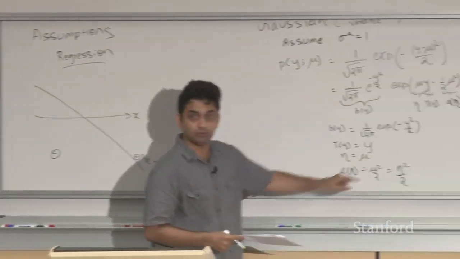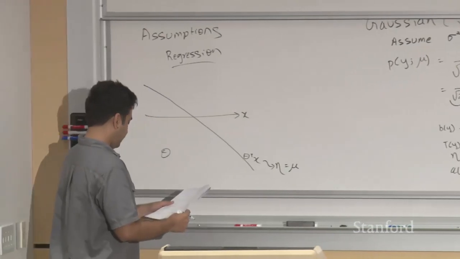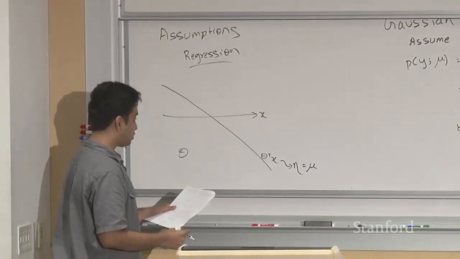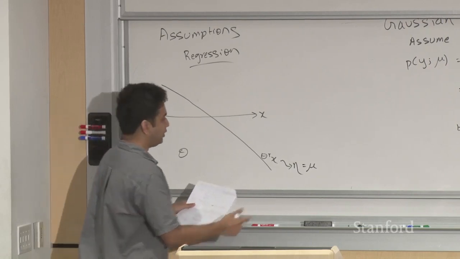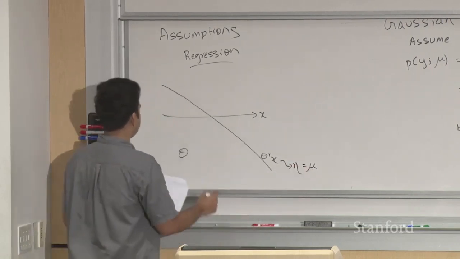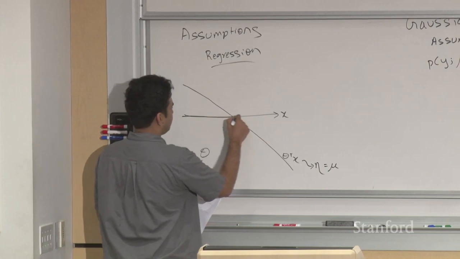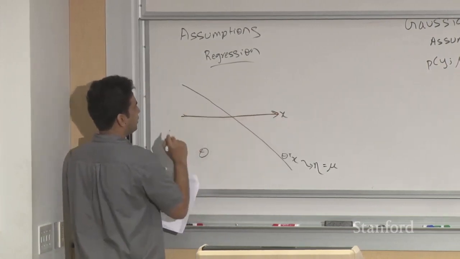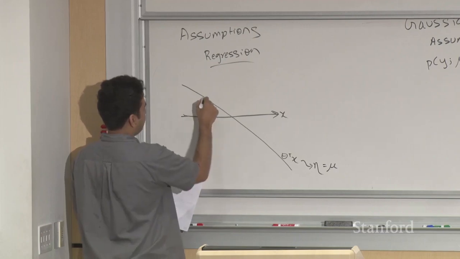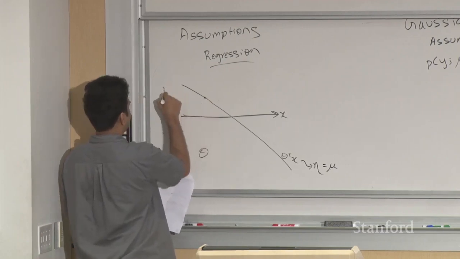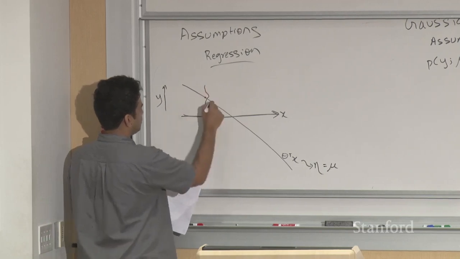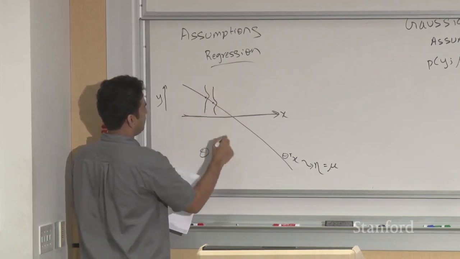And then we are assuming that the y for any given x is distributed as a Gaussian with mu as the mean. So for every possible x, you have the appropriate eta, and with this as the mean, let's think of this as y. So there is a Gaussian distribution at every possible x.